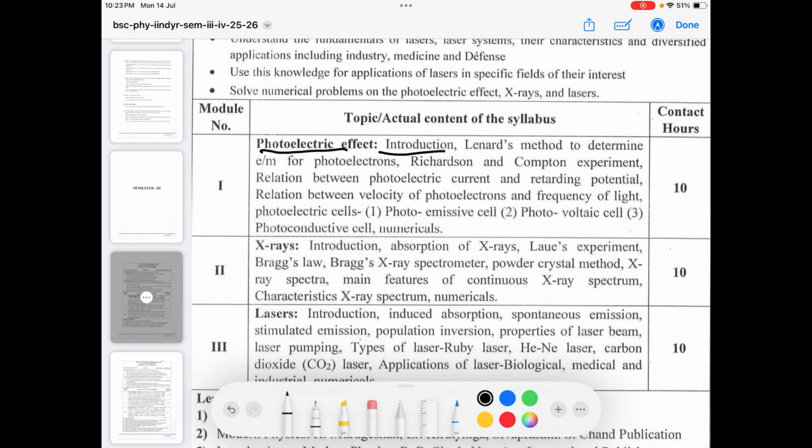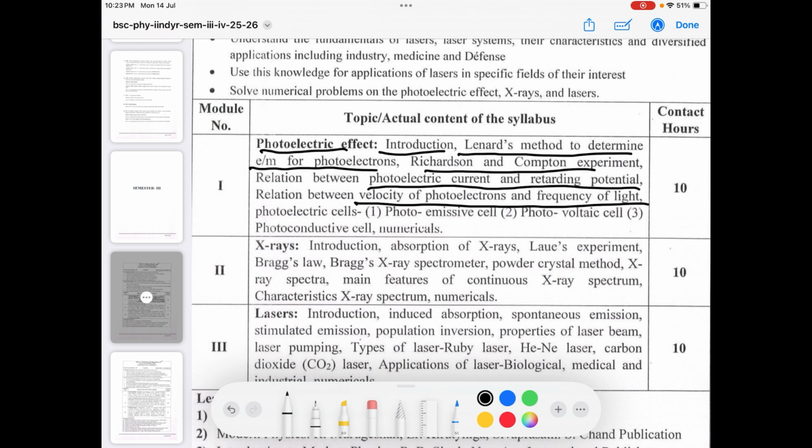Then we have to learn two methods to determine properties of photoelectrons: the first one is Lenard's method to determine e/m for photoelectrons, and another is the Richardson and Compton experiment. Then we will see the relations in the Richardson and Compton experiment. There are two relations: one between photoelectric current and retarding potential, and another between velocity of photoelectrons and frequency of light.